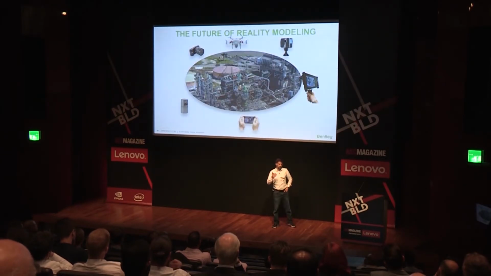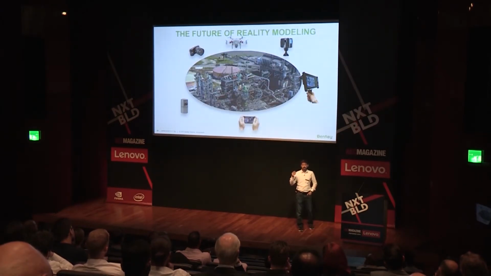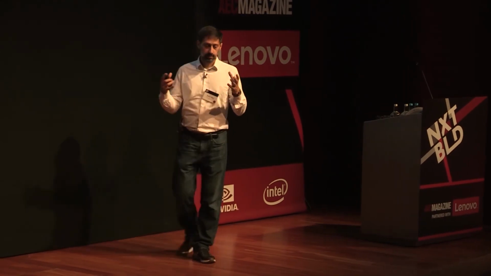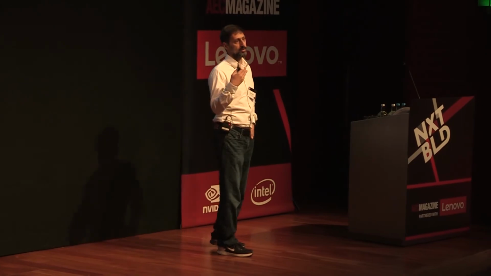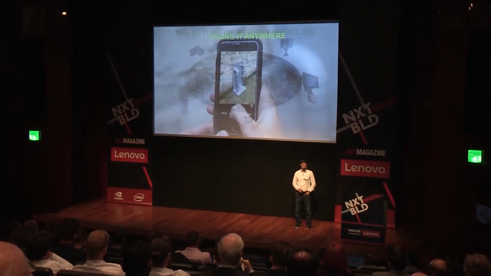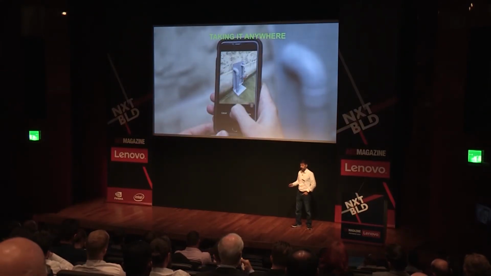So this, to my mind, really is where I see the ability to produce reality models or do reality modeling going in the future. Different devices at different levels of precision, accuracy, cost points, being able to be used to produce data through the appropriate software technology that allows you to combine all of those together. And you can do it anywhere and take it anywhere.